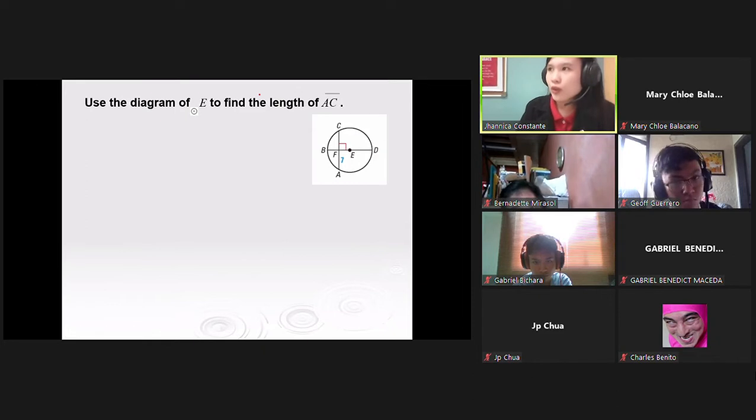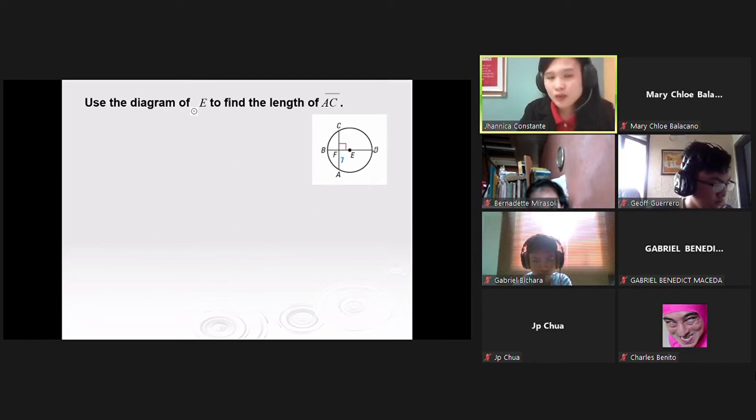Looking at the chord that we have, AF is equal to 7. The diameter that we have in our circle is line BD. That is our diameter. The diameter bisects the chord CA, producing a 90 degrees angle, and we need to find the measurement of this chord CA that we have.